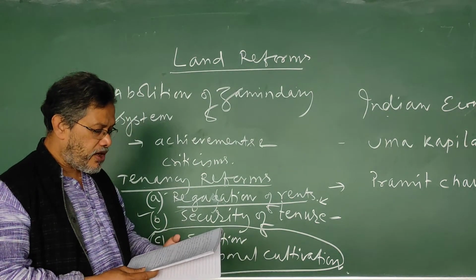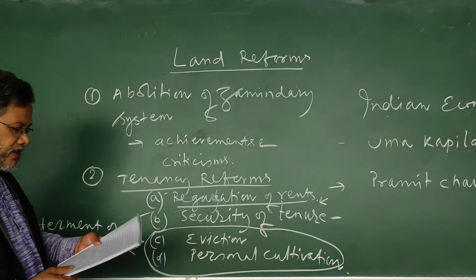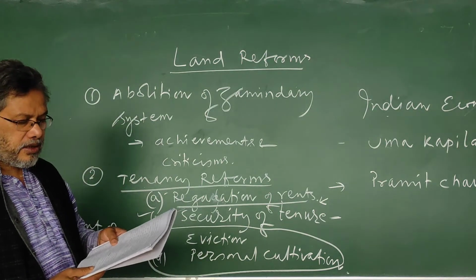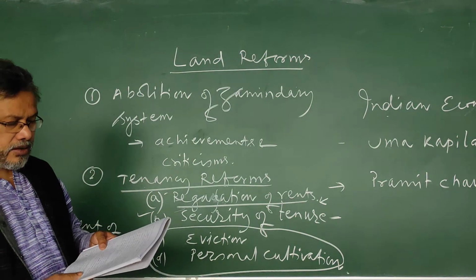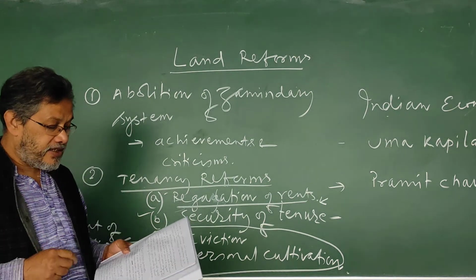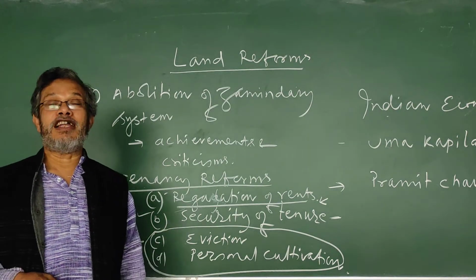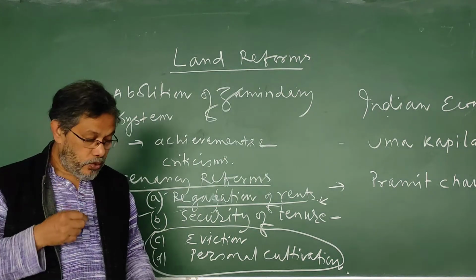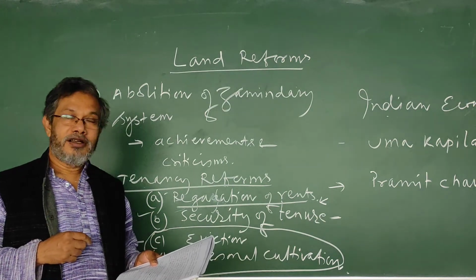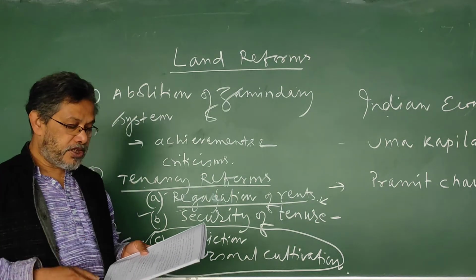Another point is the conferment of ownership rights. What is this? Different states have enacted legislation to enable tenant cultivators to become the owners of land, on which landowners cannot resume ownership.